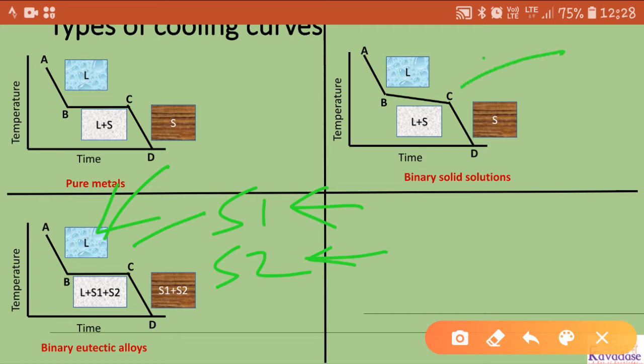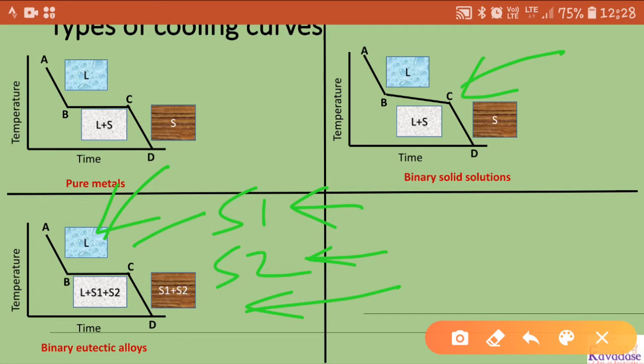Okay, and here the composition of S1 and S2 is different. And at certain point in eutectic system, the mixture behaves like a pure metal. Means in binary eutectic alloy system, eutectic mixture of S1 and S2 or metal 1 and metal 2 is prepared so that it behaves like a pure metal.